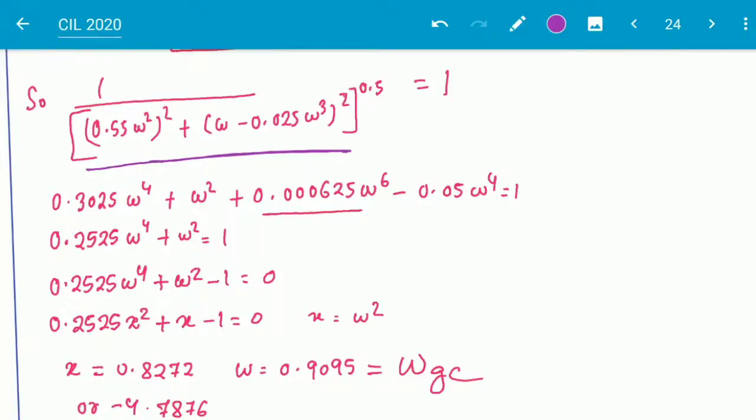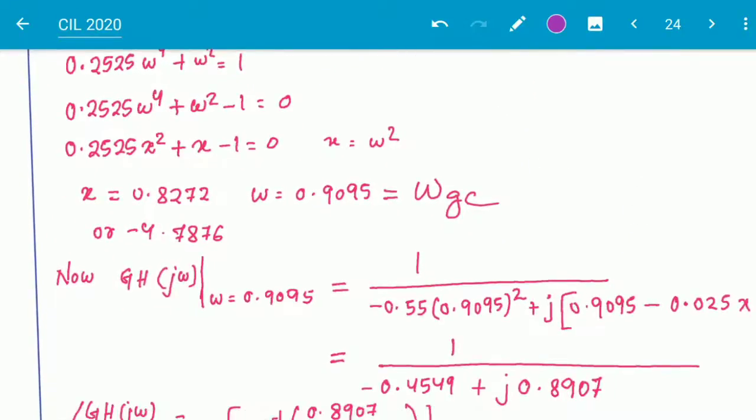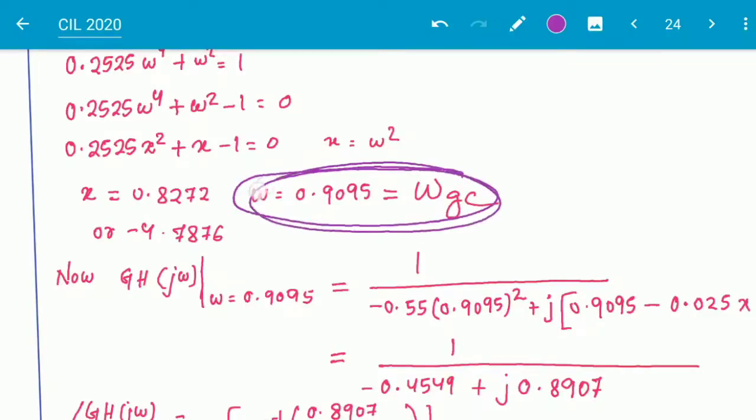And now we are getting here omega gc is equal to 0.9095.